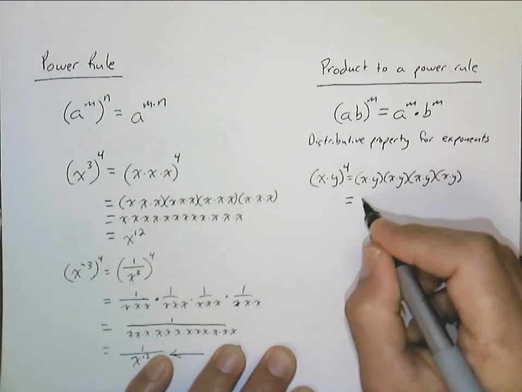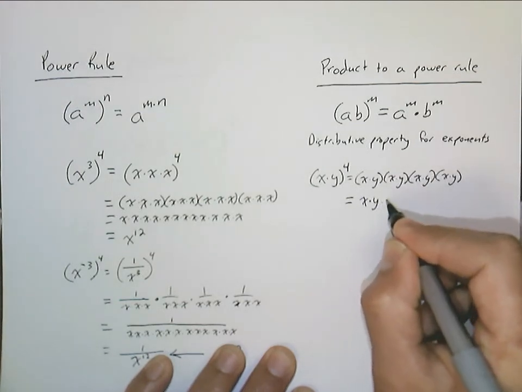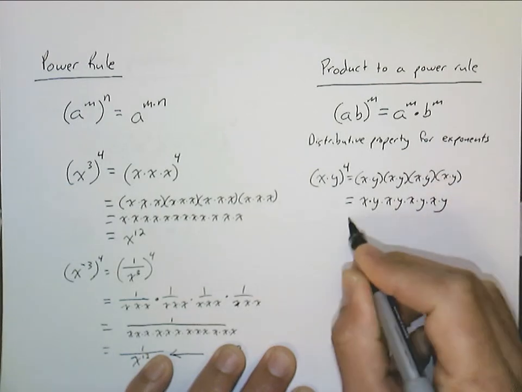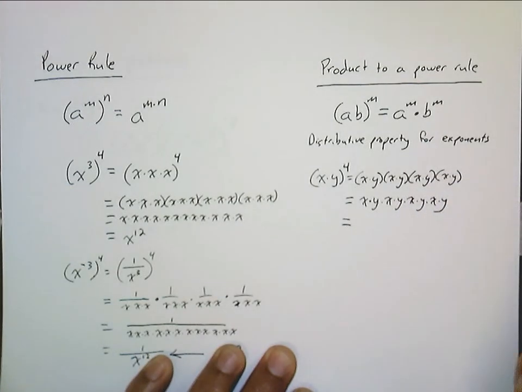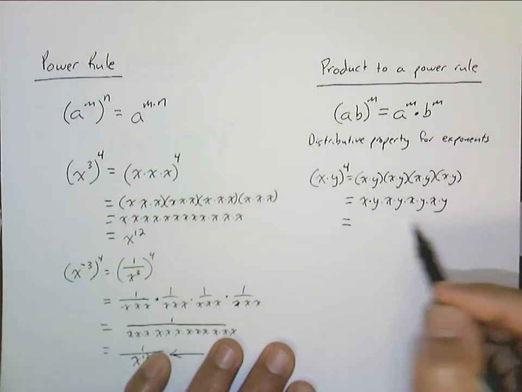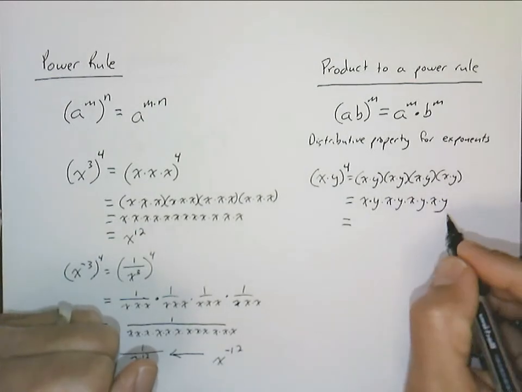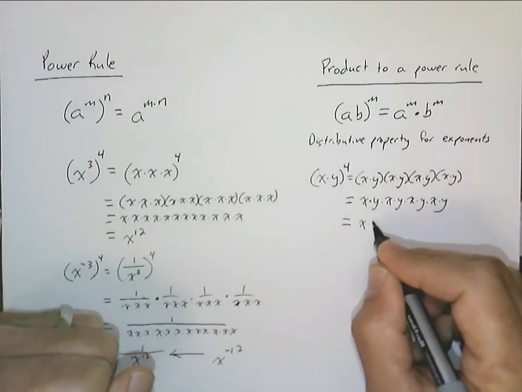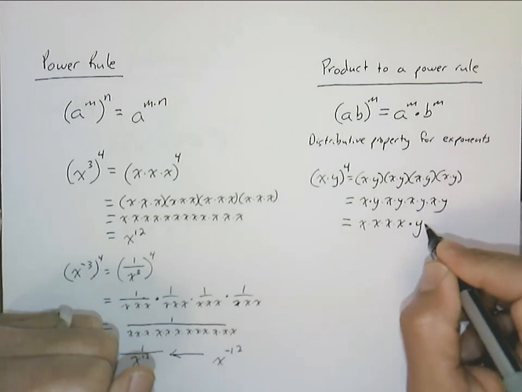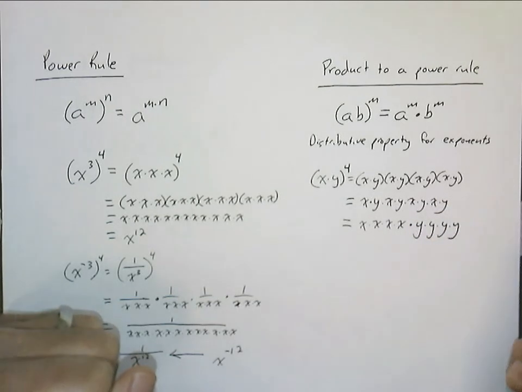We don't need them in there. Then by the commutative property of multiplication, we can jumble these factors up however we like. So let's just move all the x's to the front, x times x times x times x, and move all the y's to the back, y times y times y times y.